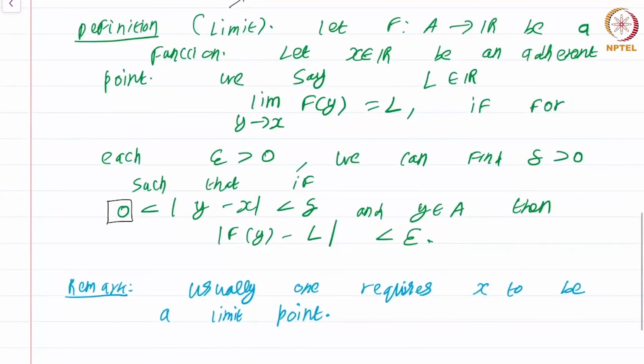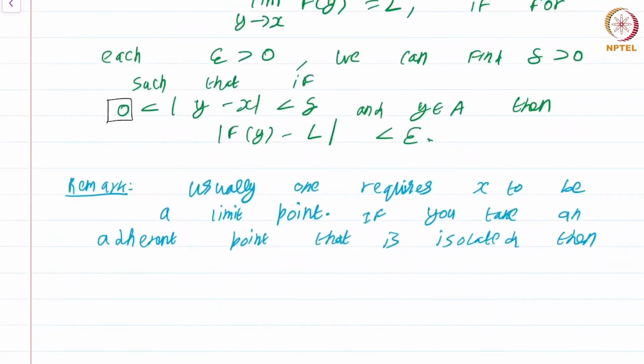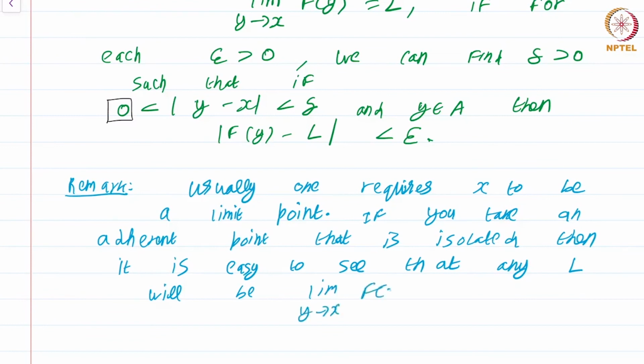Because if you take an adherent point that is isolated, then it is easy to see that any capital L will be the limit as y going to x of f of y, right?